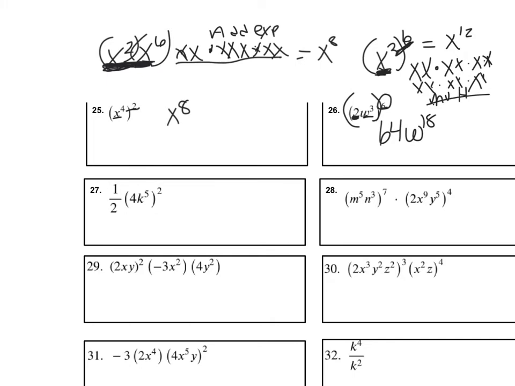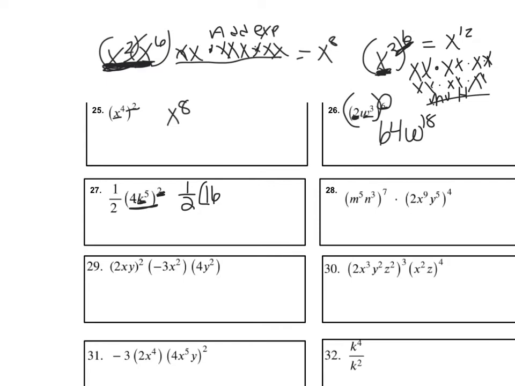Alright, on number 27, let's do inside the parentheses first. So let's go ahead and put our 1/2 back over here. And we're going to say 4, it's a constant, but we're still raising it to the 2nd power. So 4 squared is 16. And then we got the base of k to the 5th power raised to the 2nd.